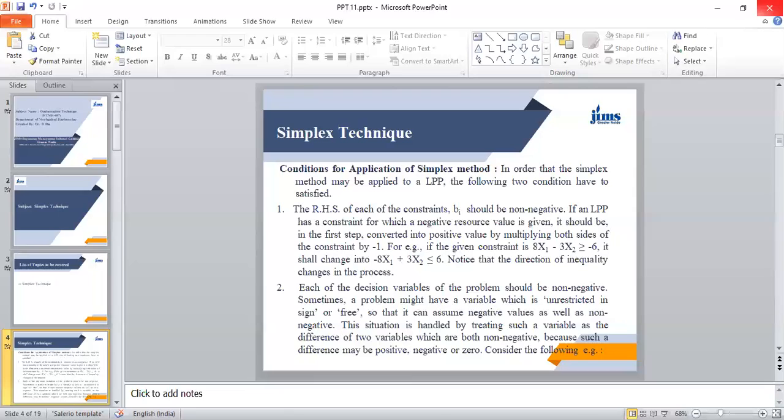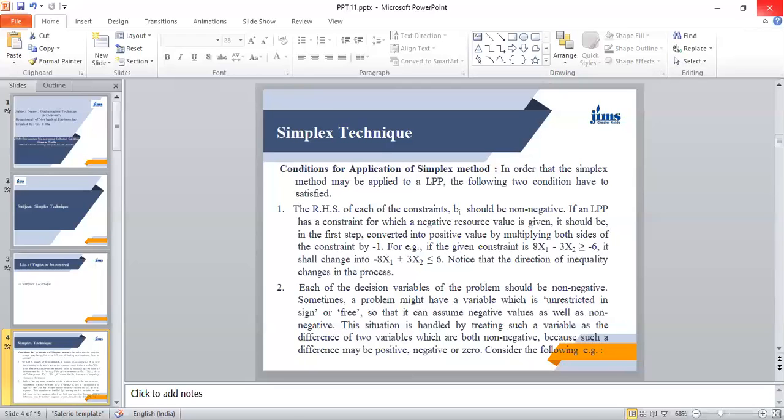Such situations are handled by treating these variables as the difference of two variables, and both these variables are non-negative.